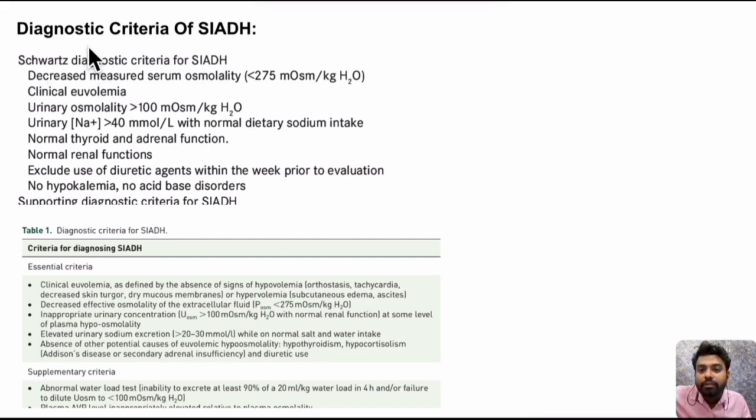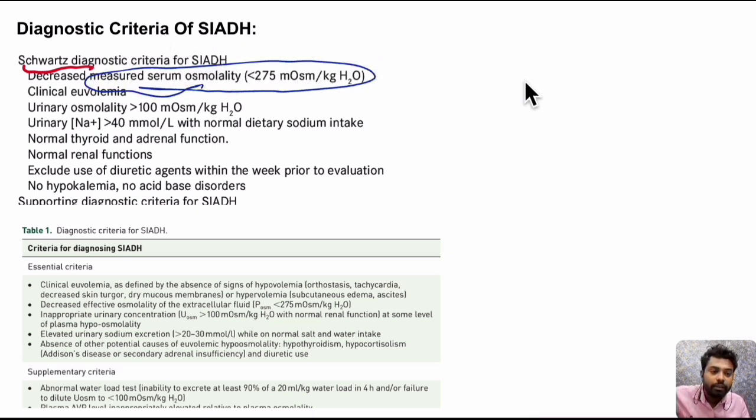So SWORD diagnostic criteria, it's from the textbook of endocrinology. So what is happening: decreased measured serum osmolarity. Why have they called this measured?